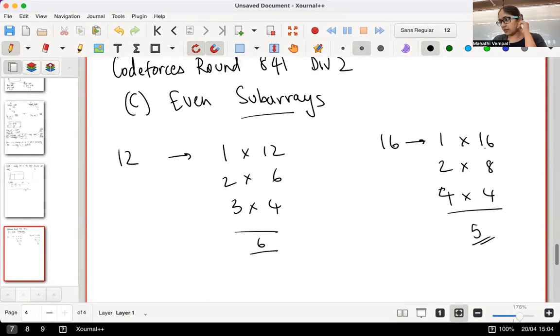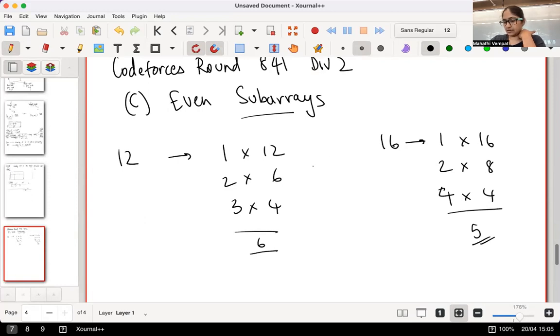So what happens is all squares end up having an odd number of divisors and non-squares end up having an even number of divisors. So literally you just need to find the number of subarrays whose XOR is not a square.